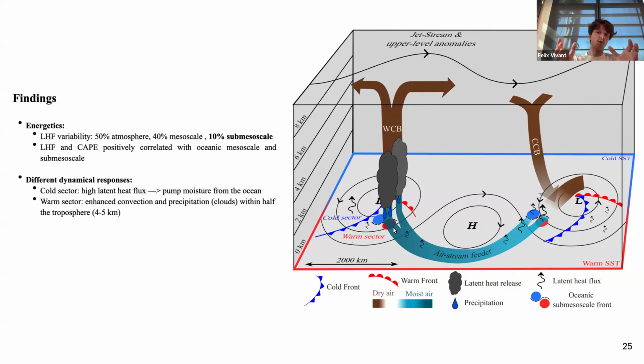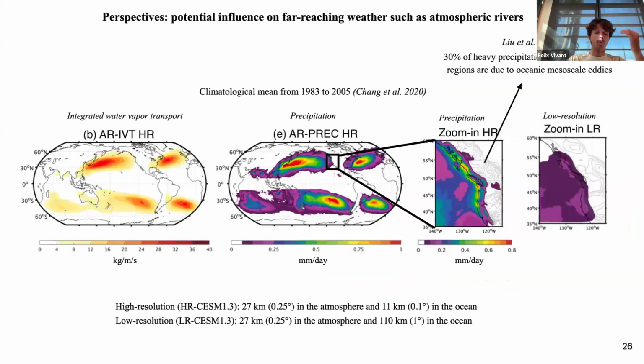And so in addition to this local response of the storm track above the Kuroshio extension, we can expect potential influence on far-reaching weather, such as atmospheric rivers, as was observed for the mesoscale.